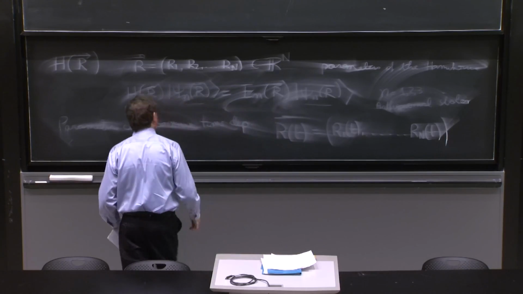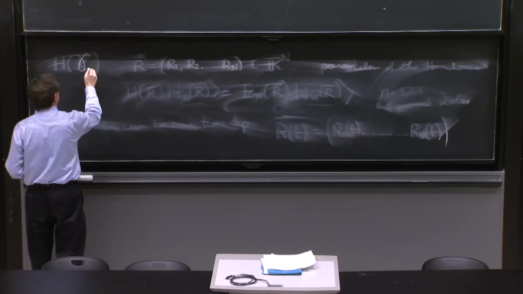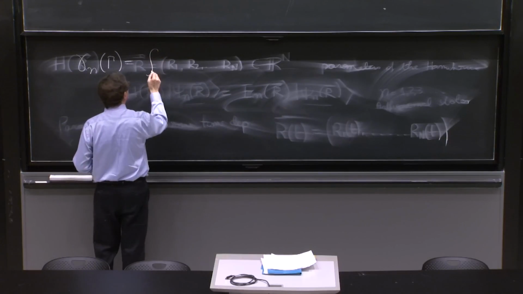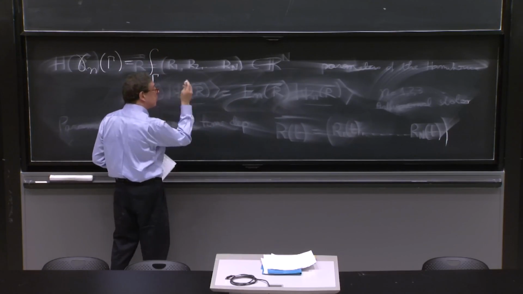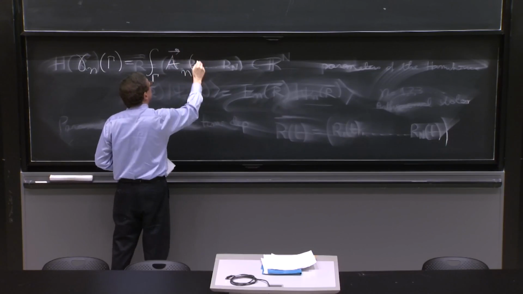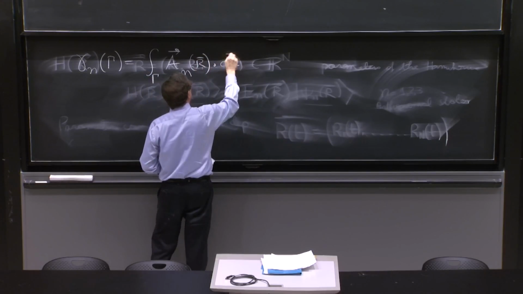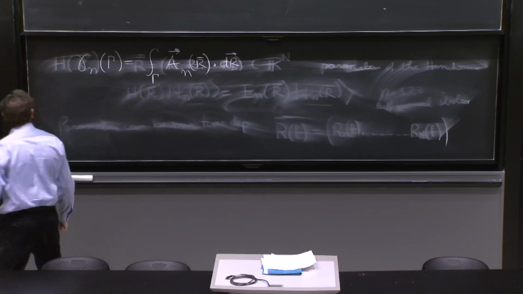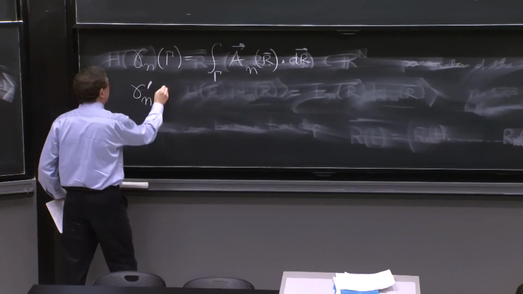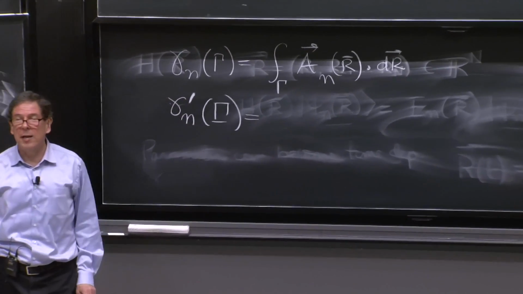So what is the geometric phase gamma_n of Gamma? In plain language, it is the integral over Gamma, and I'm just copying the formula of A_n of R, the Berry connection, times dR. So what is the new Berry phase for your new instantaneous energy eigenstates?